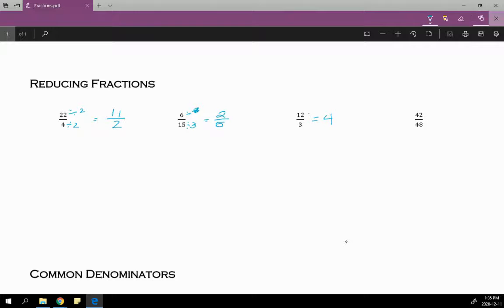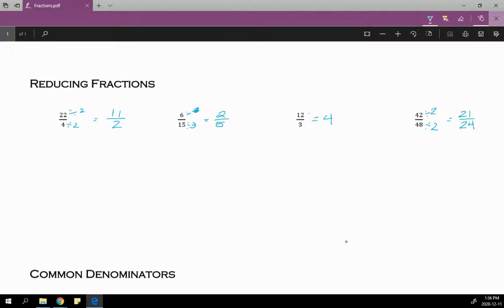Next one, when we're dealing with bigger numbers, you don't necessarily have to find the biggest number that divides evenly into both terms. You might just have to reduce twice. So both 42 and 48 are divisible by 6, but you might not notice that. Let's say that you just notice that they're both even numbers, so you want to divide both the numerator and the denominator by 2. So that gives us 21 over 24.